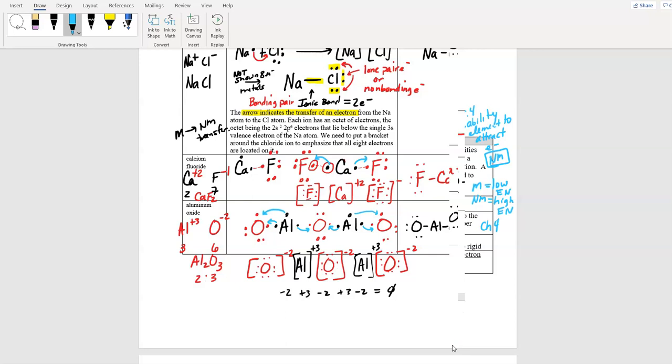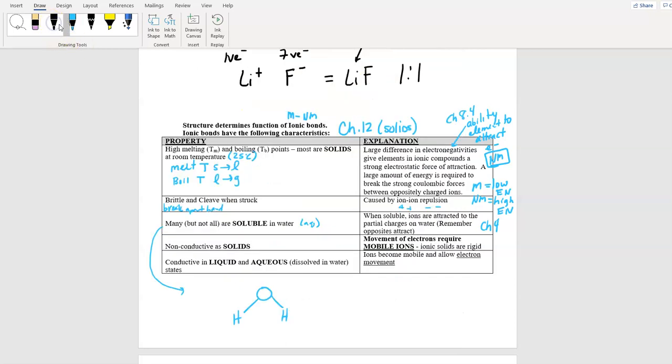So remember with water, let's take a little field trip on water. Since we're now in the drawing chapter, you have that oxygen and you have these hydrogens. So whoever this positive ion may be, and it's probably the metal, he's attracted to the O because the O is negative.